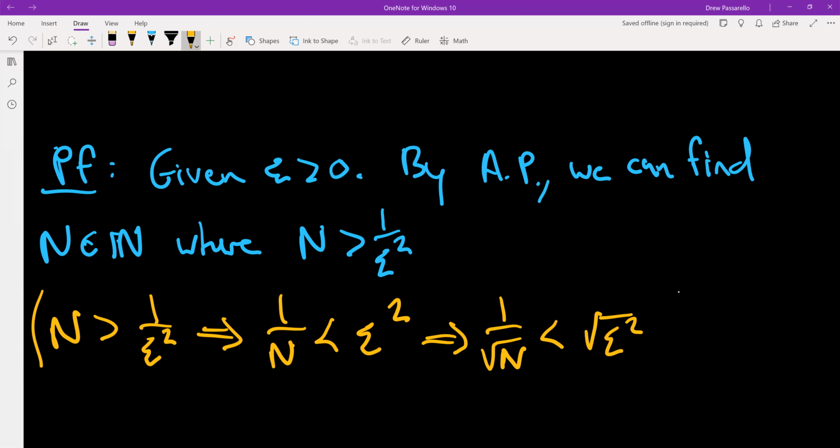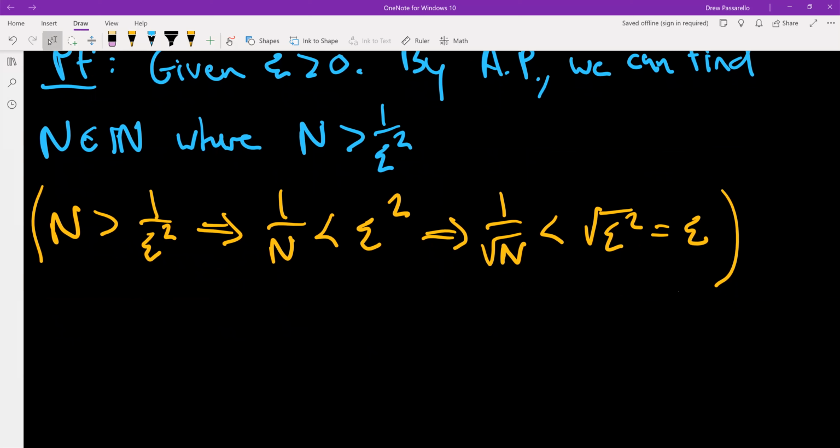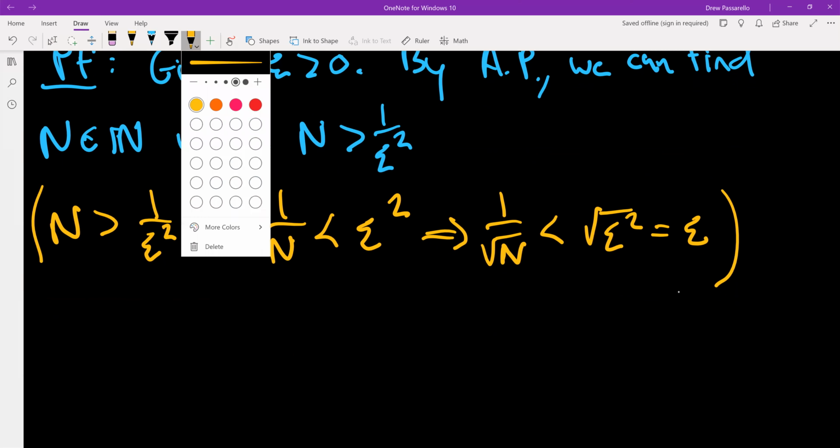Well, the square root of epsilon squared is epsilon. The stuff in yellow is just off to the side, based on known information, using capital N being greater than 1 over epsilon squared.